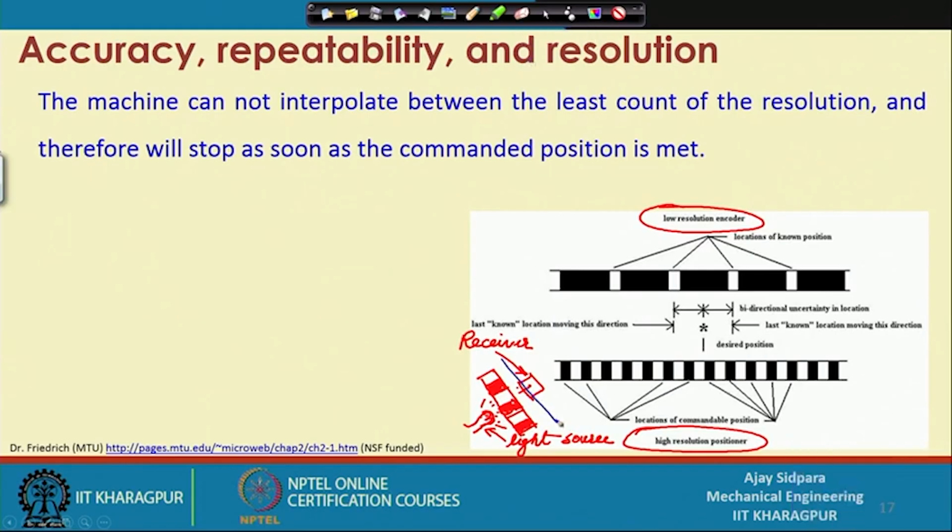When you are moving this in this direction or that direction, every time you encounter the black color and white color, you will get the signal. Now, how can we tell low resolution from high resolution? Everything depends on the width of this black and white portion. Suppose this particular distance you consider as 0.1 micron.